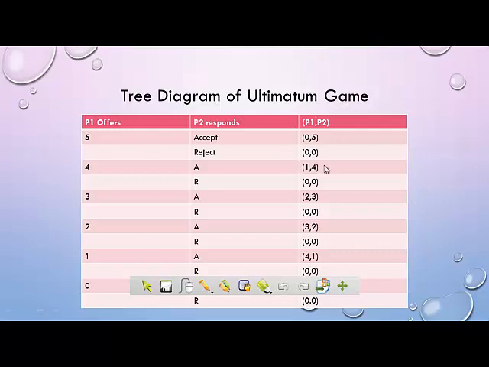In all cases except for the last one, accept gives him a higher payoff, because no matter what he is offered, if he is offered 1, if he accepts he gets 1, he rejects he gets 0. So in all cases, you see, we are working backwards, we are using backward induction. In all cases, the theory says that P2 will accept the offer except for the 0, 0 case.